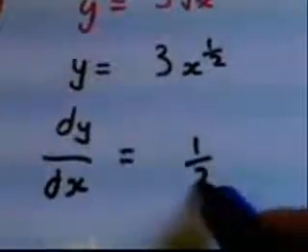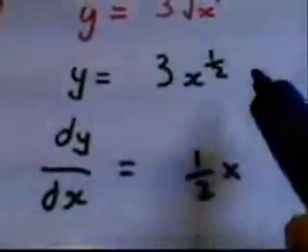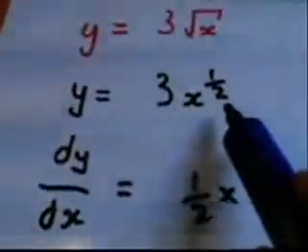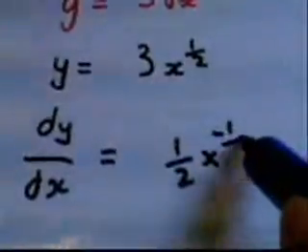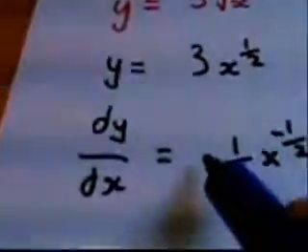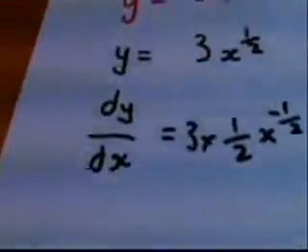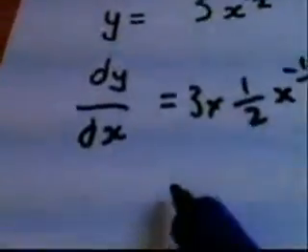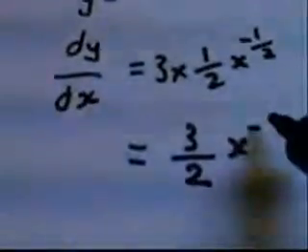So that's a half x, and then take 1 from the power, gives me negative a half, and then that's all multiplied by 3. So here I have 3 times a half is 3 over 2, and x to the negative a half.